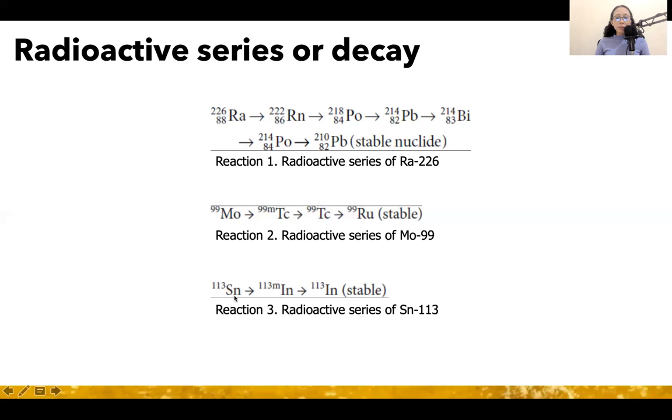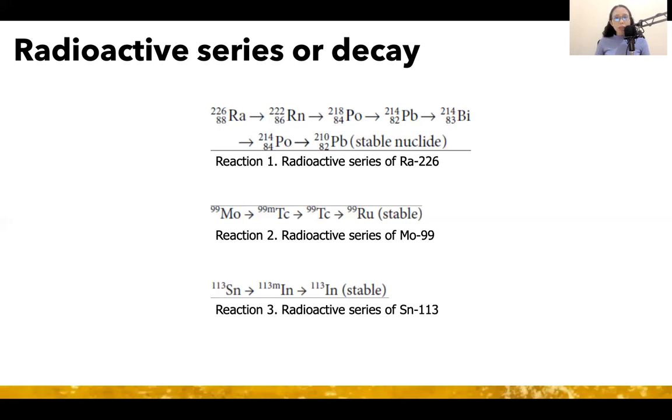Okay, we see here another example of what we saw with rubidium 87, right, with the diagram. Here we see tin 113, okay? So it forms indium 113. Now this letter M here means a metastable indium 113.